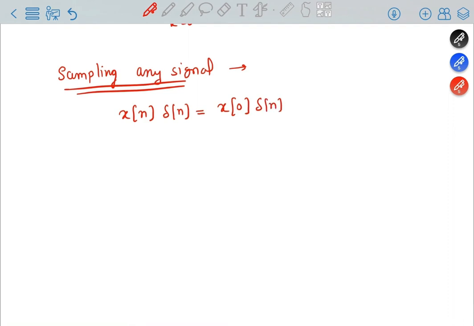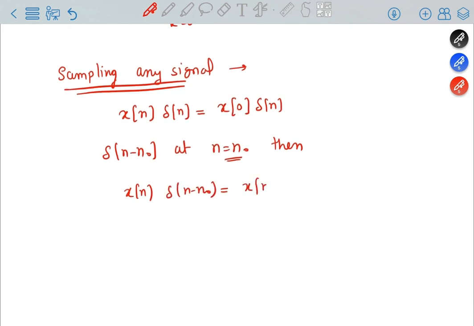More generally, if we consider a shifted unit impulse signal, del of n minus n naught, at n equal to n naught, then we can write x of n del of n minus n naught is equal to x of n naught del of n minus n naught.